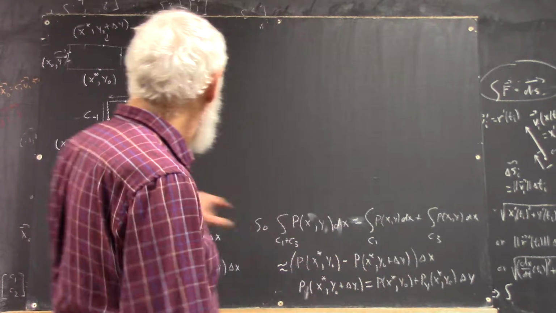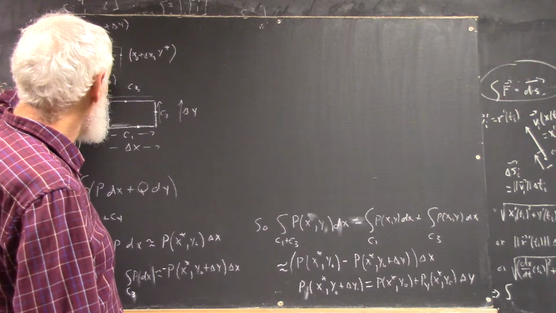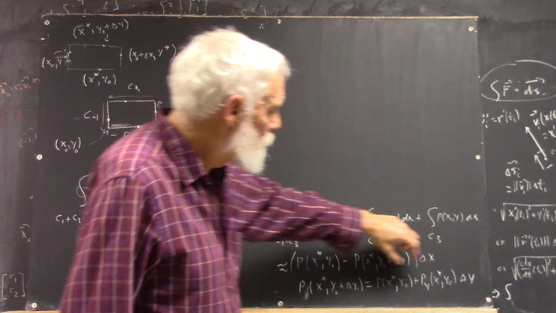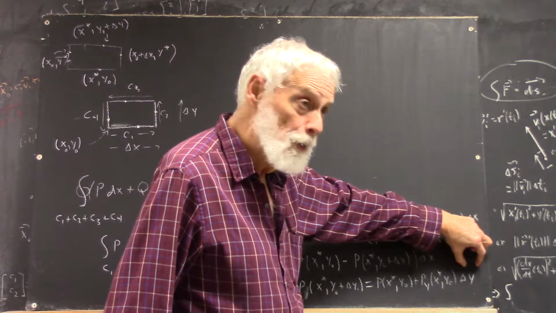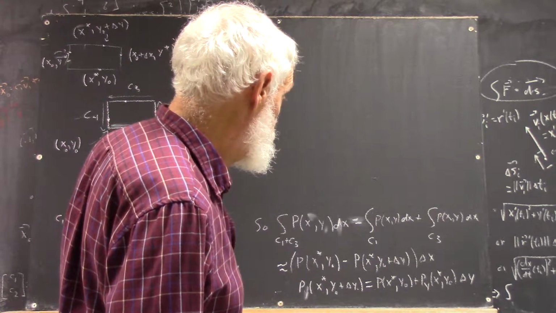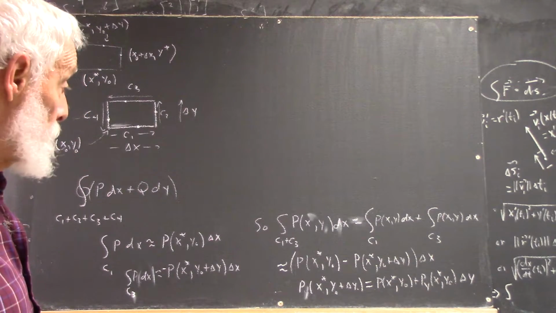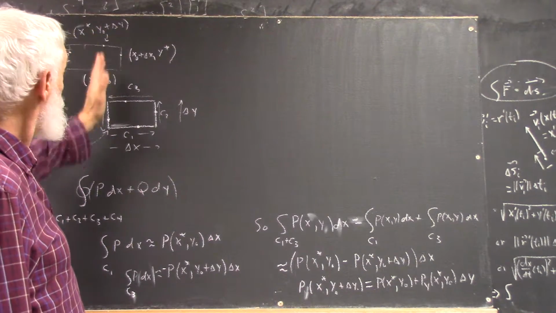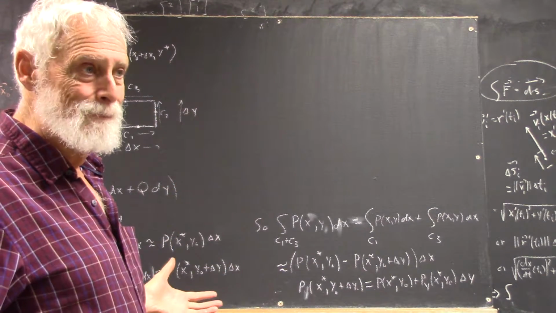It's the value here plus the rate at which P changes with respect to Y as you go from here to here, multiplied by delta Y. In other words, this is the rate of change of the value of P with respect to Y, and you're multiplying it by the change in Y. So it's your value plus your change in your value. Value here plus the change between here and here, which is due to the rate of change of P with respect to Y. Now that's not overly difficult.